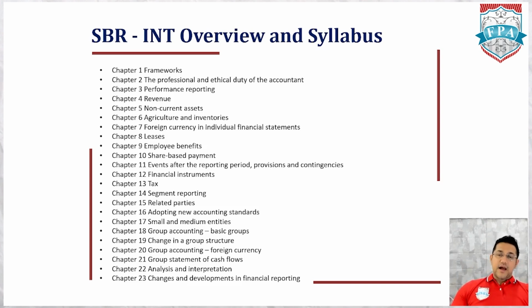And last, which is your changes and developments in financial reporting, right? While it says financial reporting, it is because, like I said, a few years ago, no one really knew how to account for cryptocurrencies. Tomorrow, there could be something new that will come up. So how do you go about accounting? For example, these days, there is a lot more discussion around climate.